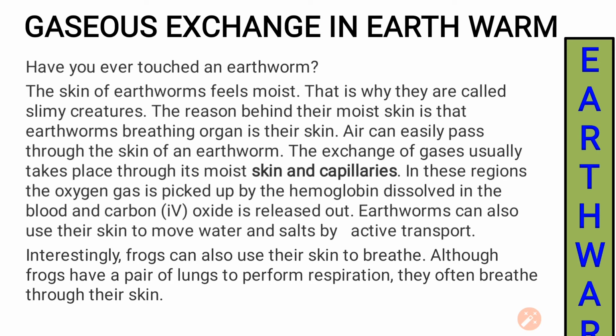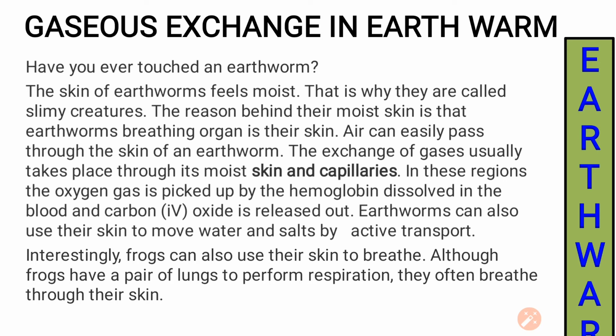The exchange of these gases usually takes place through its moist skin and around capillaries. In these regions, the oxygen gas is picked up by the hemoglobin dissolved in the blood, and carbon dioxide is released out. Earthworms can also use their skin not just for breathing alone, but also to move water and salt by active transport.